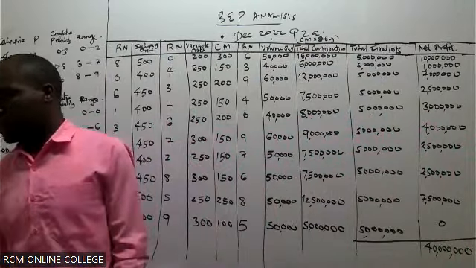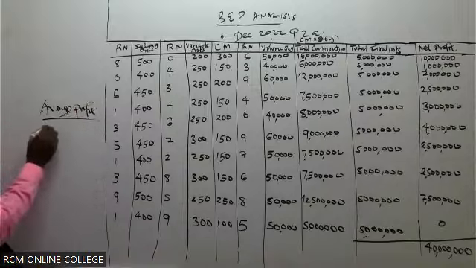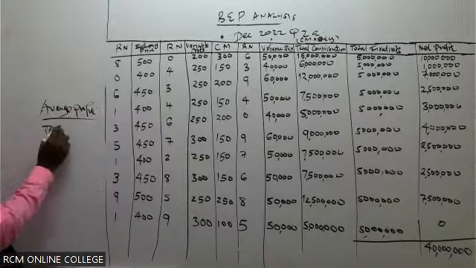So the average profit will be equivalent to total profit divided by number of observations. 40 million divided by 10, which will give us 4 million.